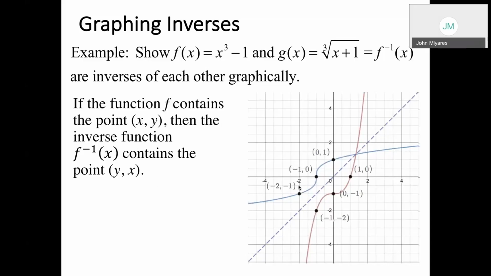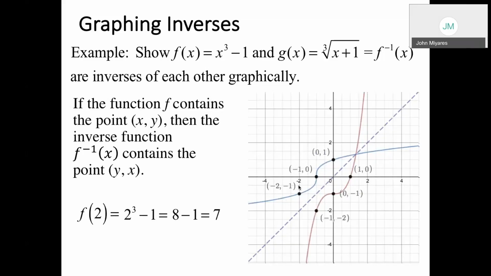This ties things back to what we were discussing earlier, that if you were to take the output of one function, put it back into the inverse, you'd get right back where you started. So if I took f of 2, you would get 2 cubed minus 1, which comes out to be 7.